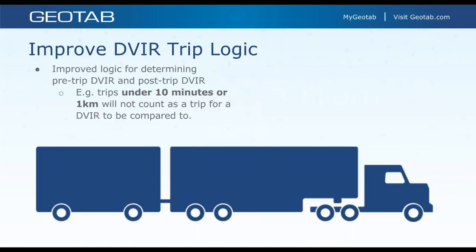Our old logic sometimes would actually say that DVIR was a post trip because your trip of 500 feet counted as a trip. So that will no longer happen. We're constantly trying to improve this logic as well, and we'll probably have some more things being added to this logic for next month that we'll talk about next month to make it even better and easier to use.